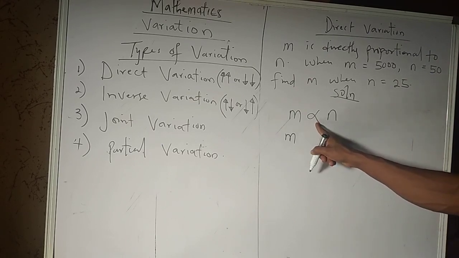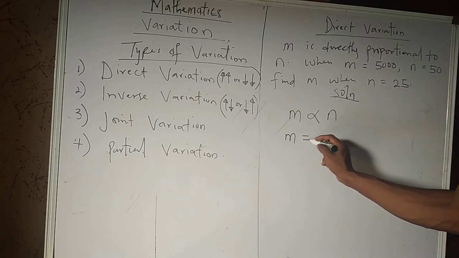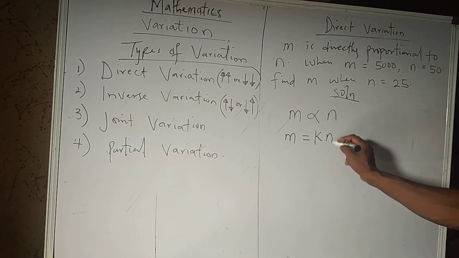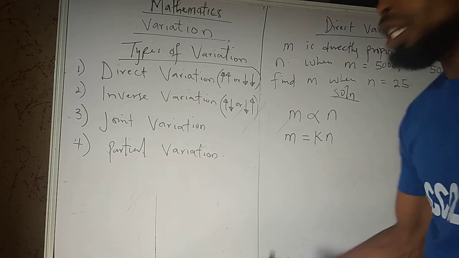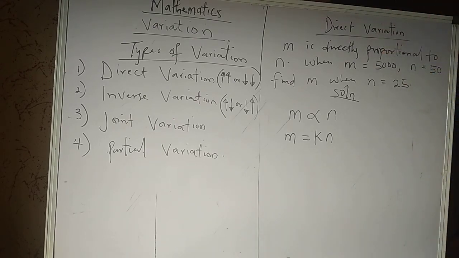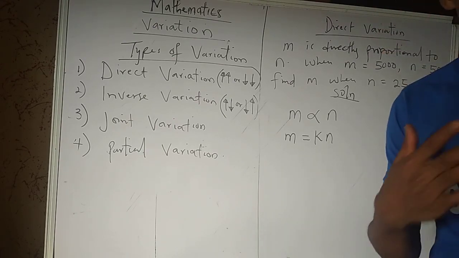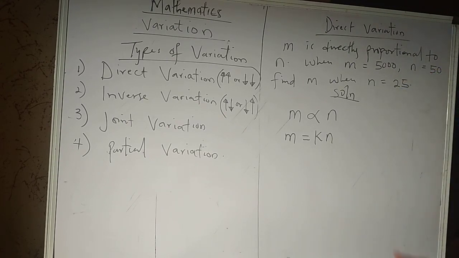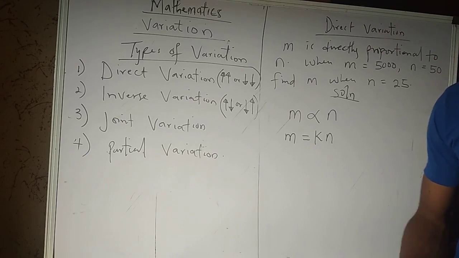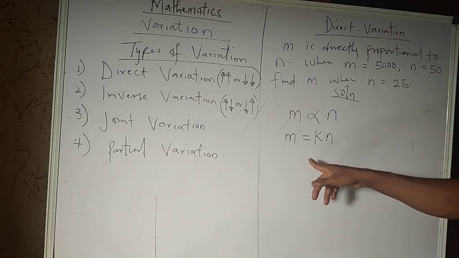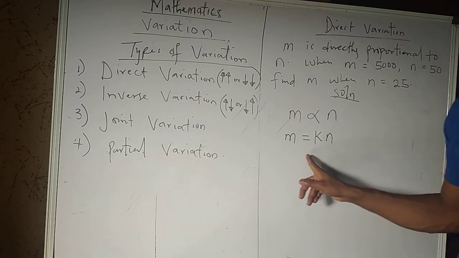But we are going to remove this proportionality sign and replace it with equals KN. We're using K for our constant. We can use any letter to represent the constant, but conventionally many times you see that K is what is used as the constant. So I'm not going to take a deviation from that.